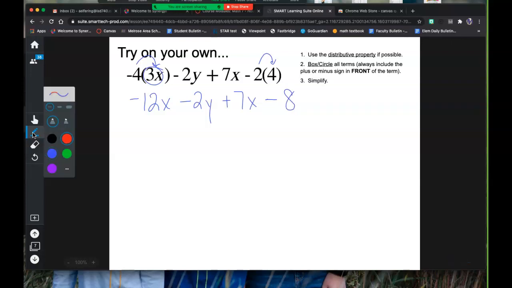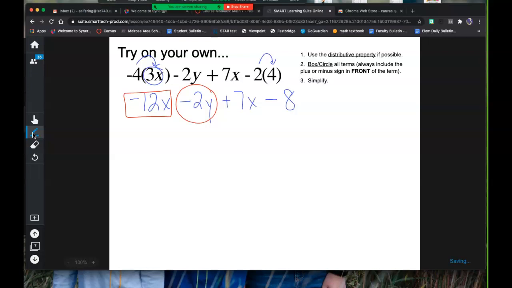Now I need to circle and box my terms. I'm going to box the -12x. Would I box the -2y? No, it's a different letter though, so be careful, Austin. You would not box it, you would maybe circle it instead, because it's a different letter. Remember, you can't put an X and a Y together. Would you triangle the 8? Yes.